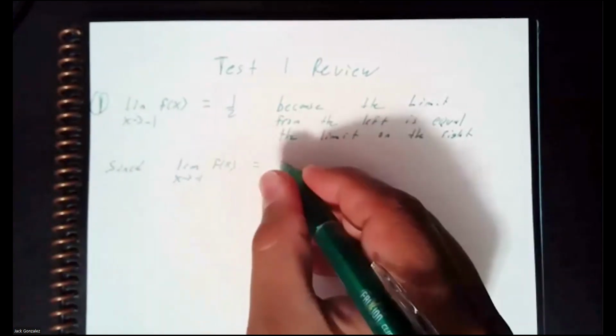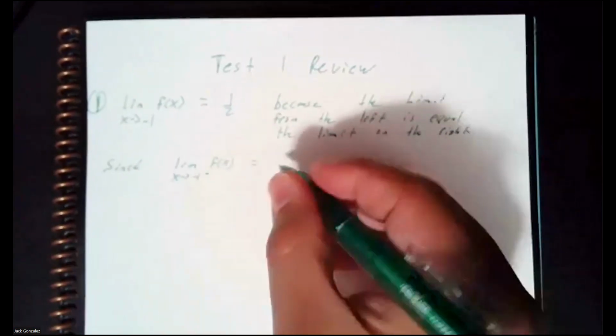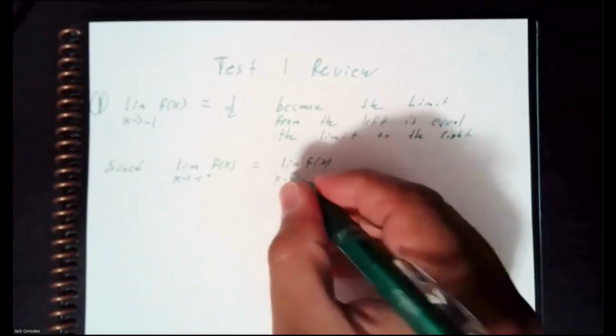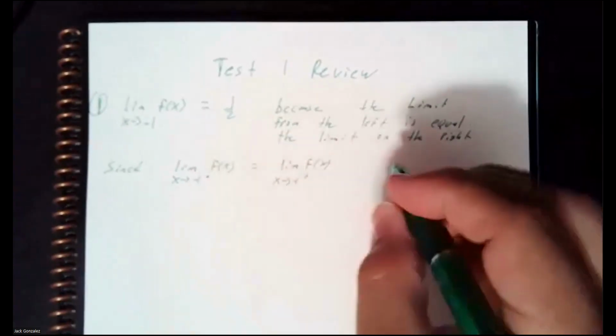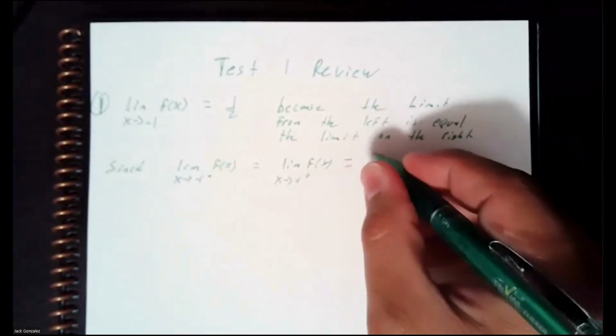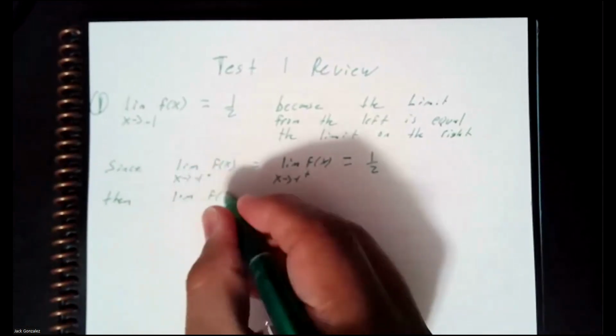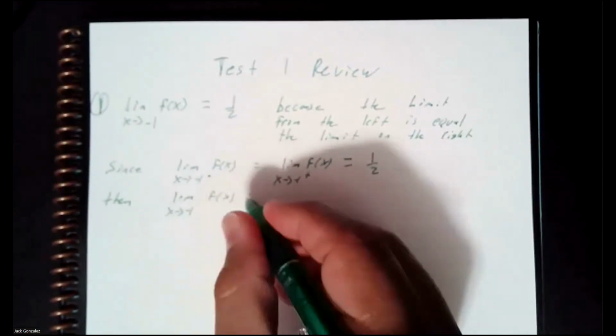So since the limit of f as x approaches -1 from the right is equal to the limit of f of x as x approaches -1 from the left, which is equal to 1/2, then the limit in general is equal to 1/2.